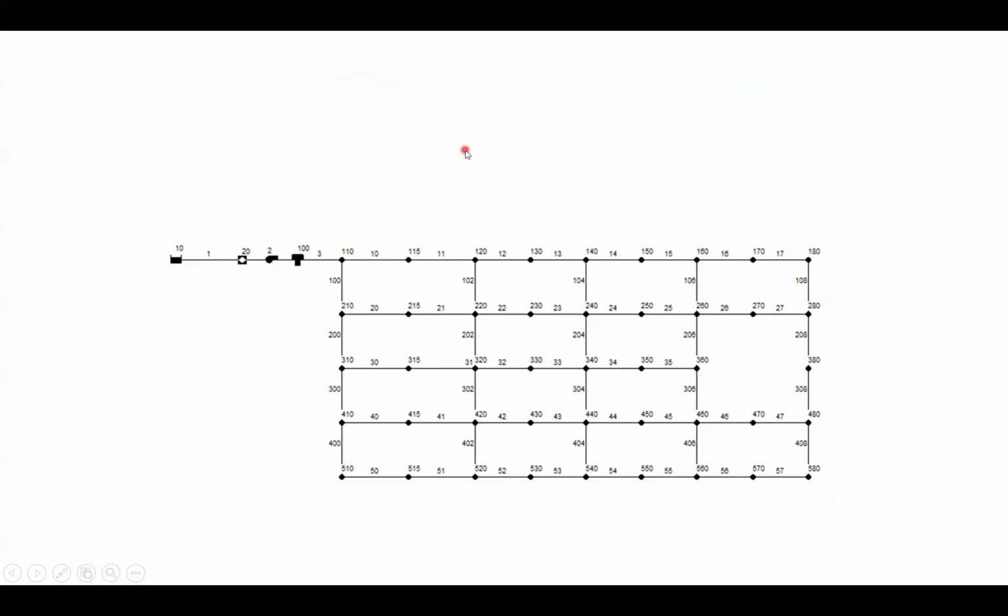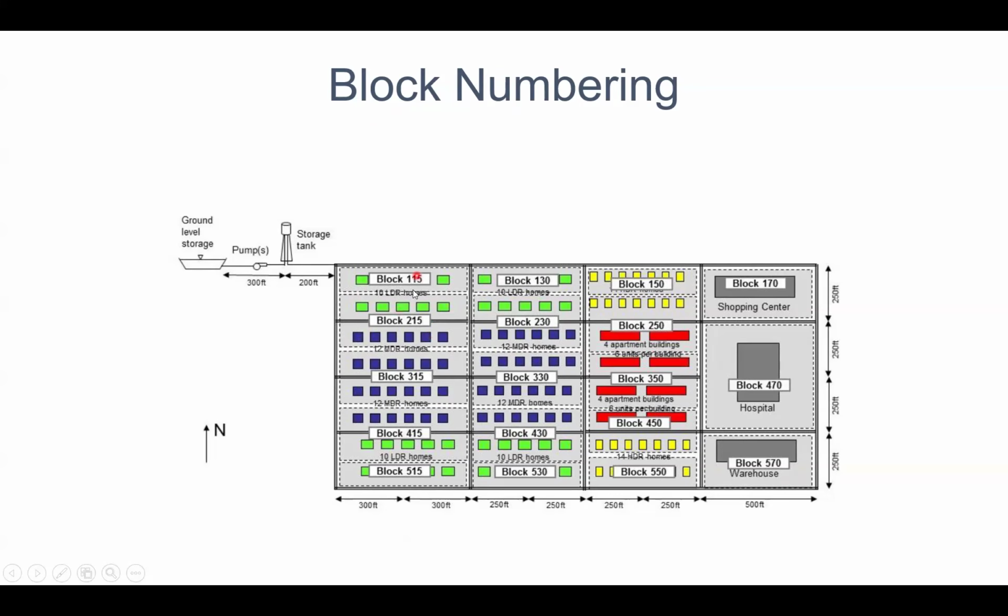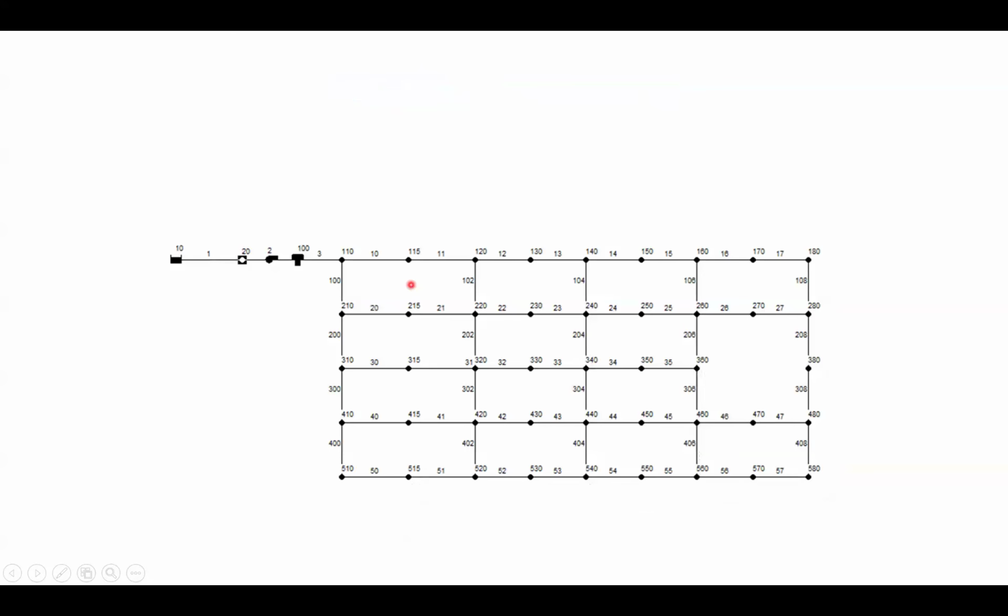I'm going to give you the EPA network already, and it's going to have the same IDs for the nodes. So you can see here this node has an ID of 115. We'll go back and note that this is block 115. So when we see a table that has demands for average daily, maximum hourly, you're going to note that each block is going to have that demand.